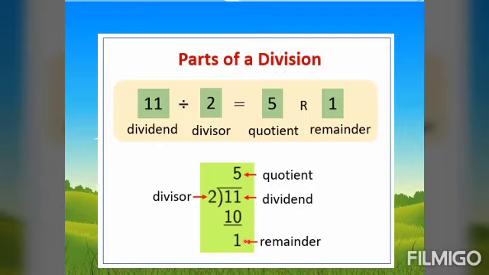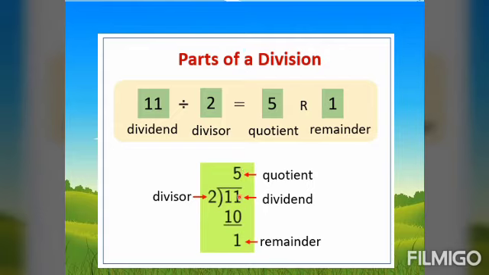Okay, so I'll be teaching you guys why there is one extra number here. So 11 divided by 2, guys, you first use the division method. 11 divided by 2 equals 5. And then you need to use the multiplication operation. So 5 times 2 equals 10.